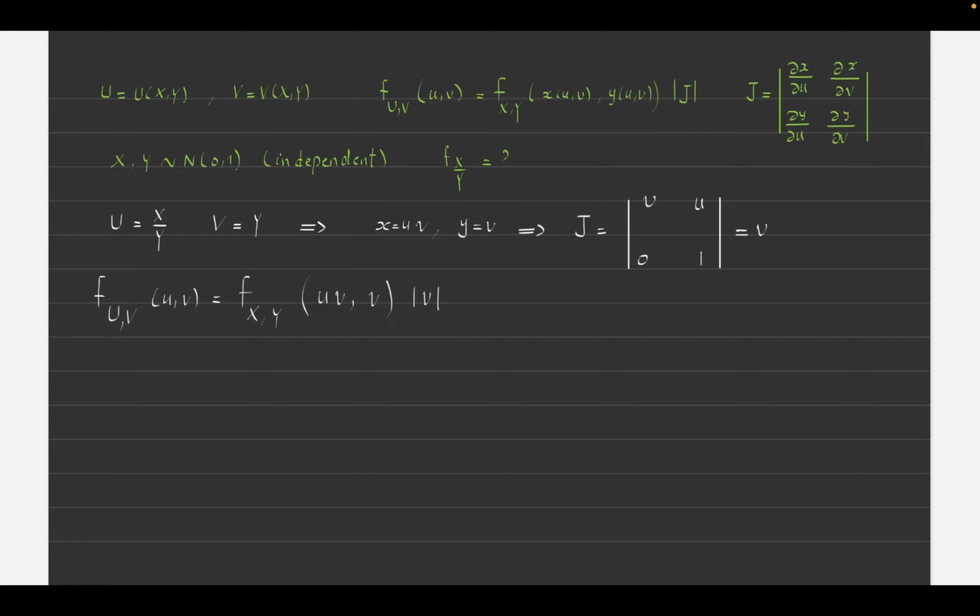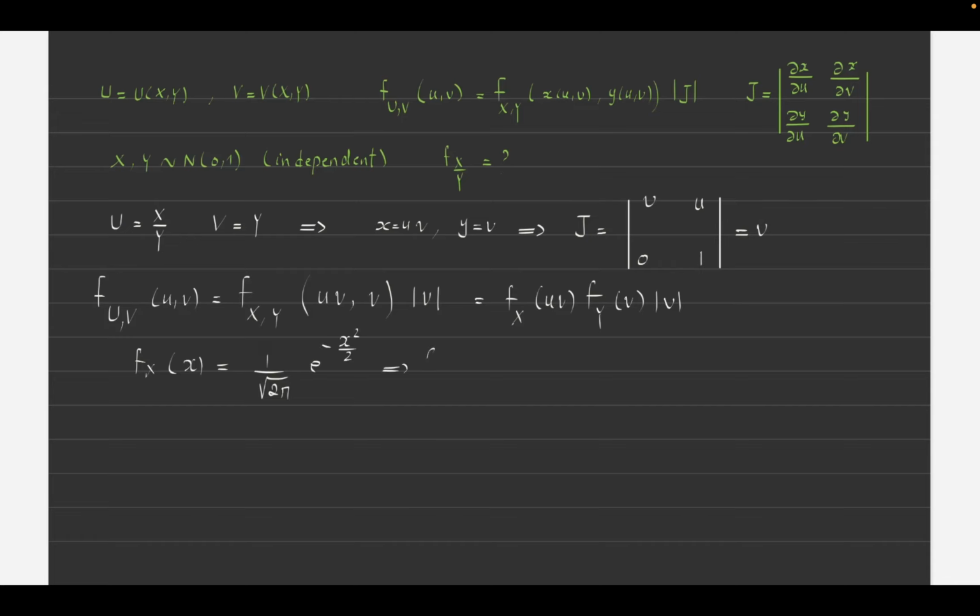So this means that this function will be equal to this. But we know that x and y are independent. So this means that I can continue and write it as f of x of uv multiplied by f of y of v, and then multiplied by the Jacobian, which was v. Okay, but do you remember f of x is equal to 1 over square root of 2 pi e to the power of minus x squared over 2.